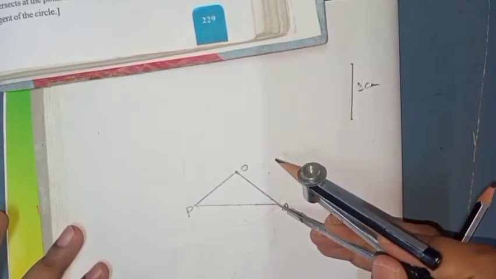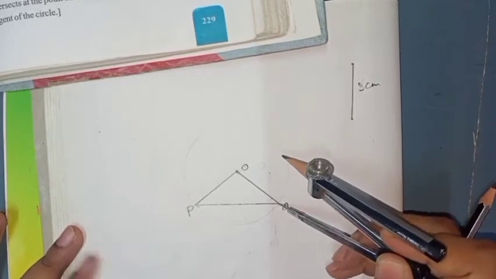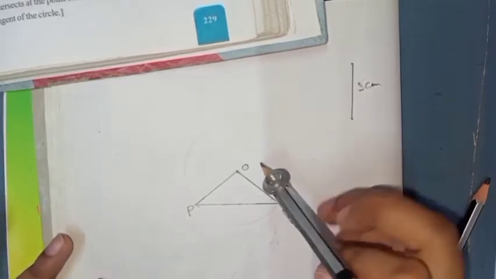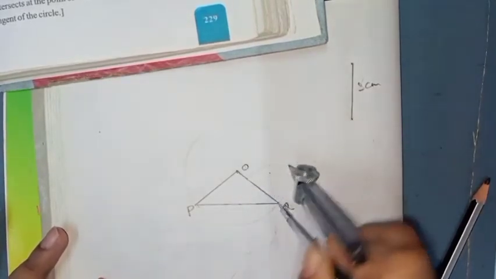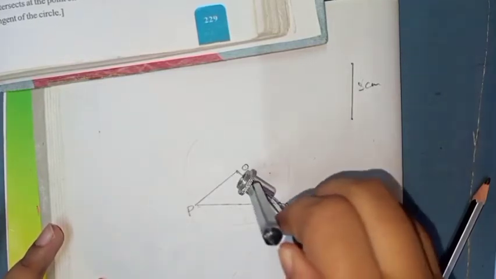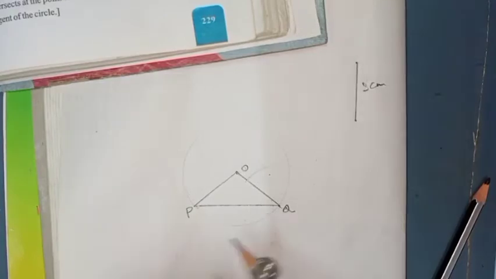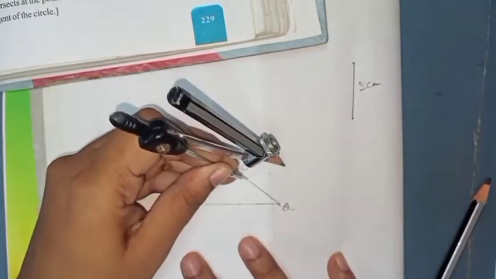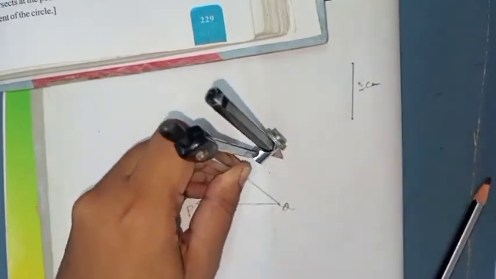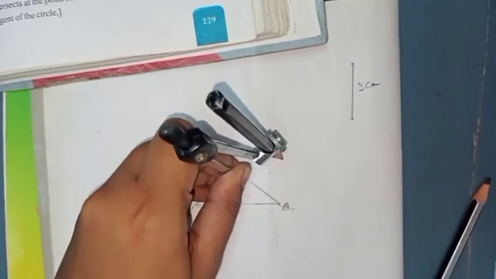See, first of all you will put your compass in point Q and make one arc, any measurement. Okay, completed. After this you will put your compass in this intersection point and you will draw this arc.